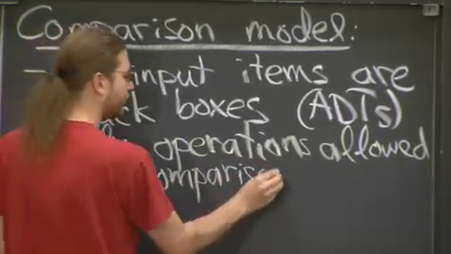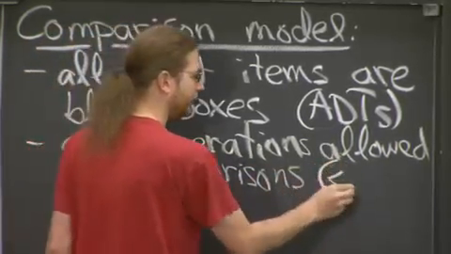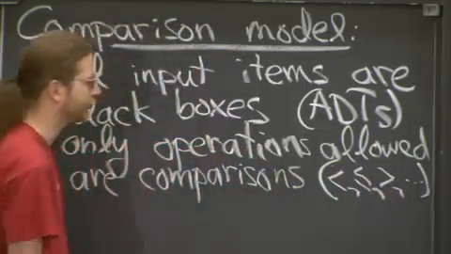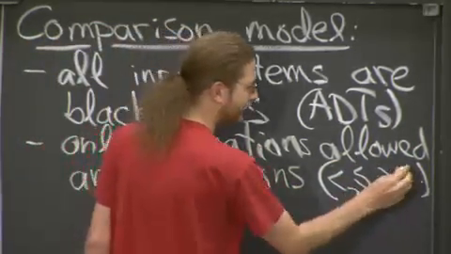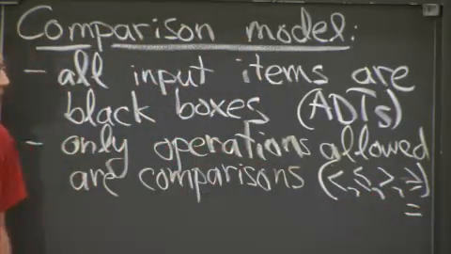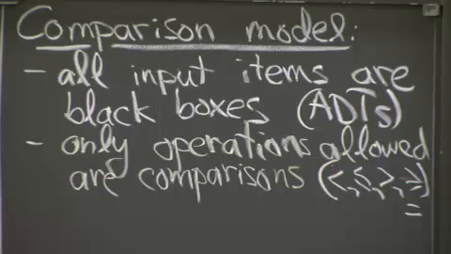I'm going to be nice, and I'll let you do less than or equal to, greater than, whatever. I guess there's only one other. Well, there's two more. Greater than or equal to, and equals. OK, so you can do all the usual comparisons. You get a binary answer, yes or no. And those are the only operations you're given.